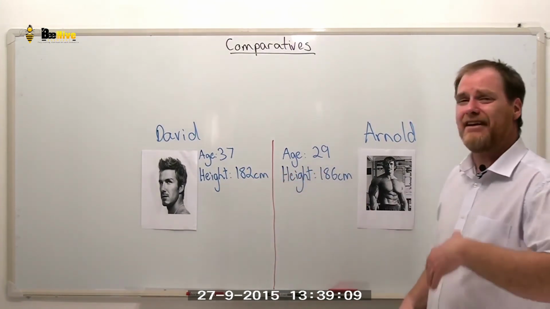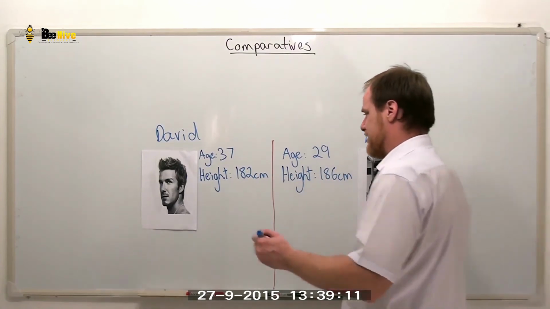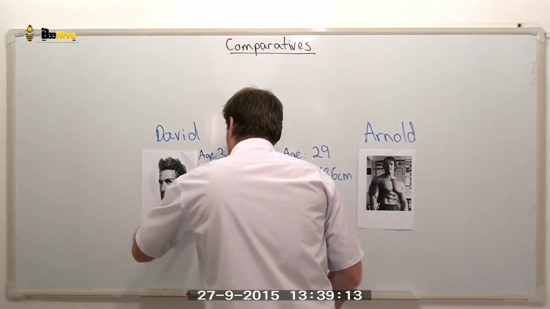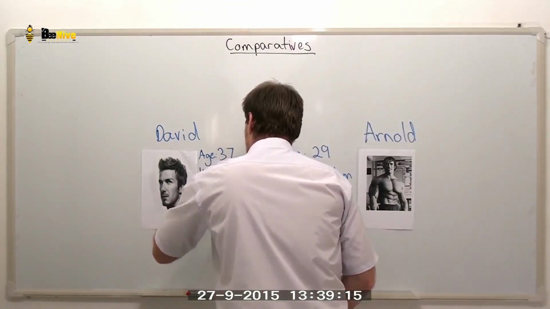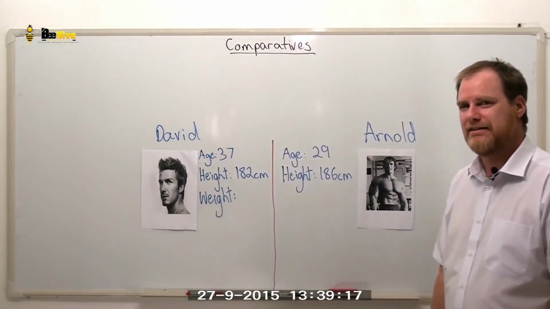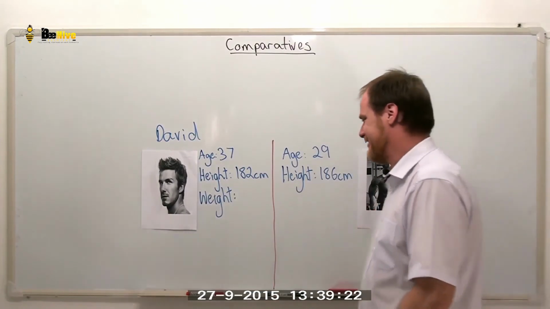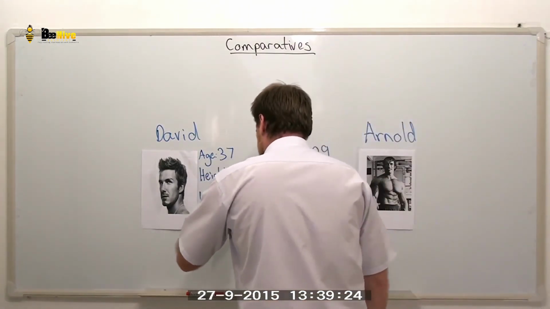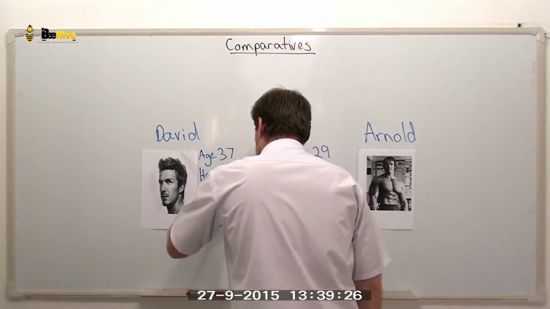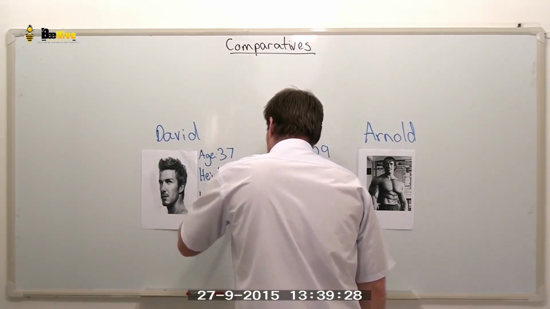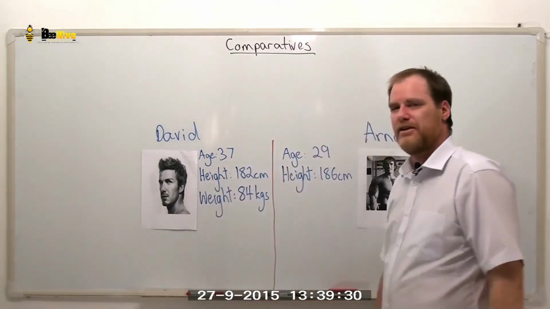Okay, let's add another piece of information. This time we're going to look at the weight, all right? So I think you can already see who is bigger, right? So the weight of David Beckham is, he is 84 kilograms, okay?